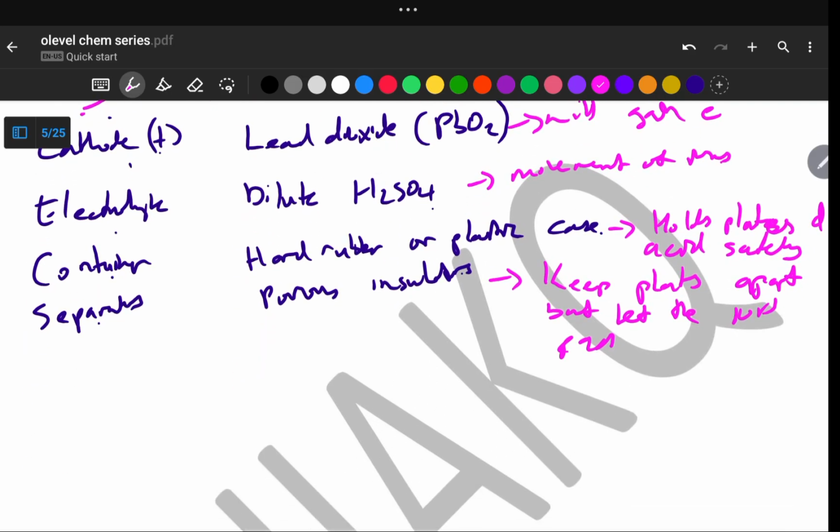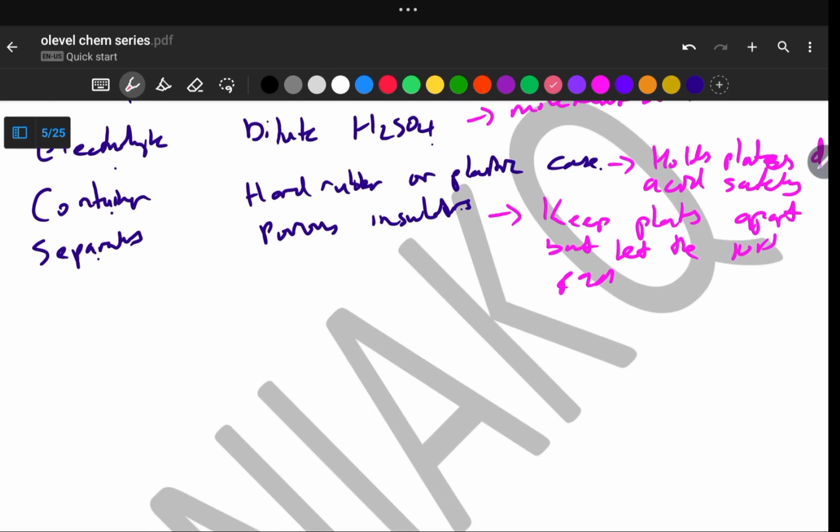So we can now dive into the chemical reactions at the cathode and at the anode. Here the main energy change we are having is chemical to electrical, right?